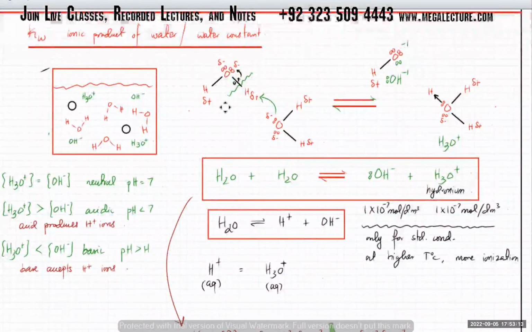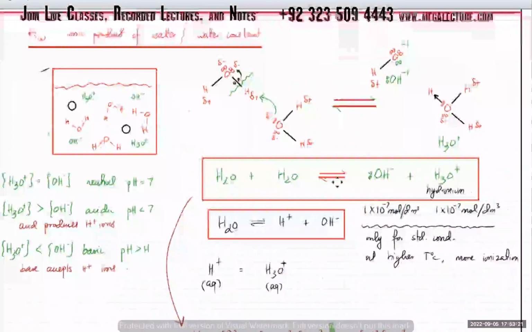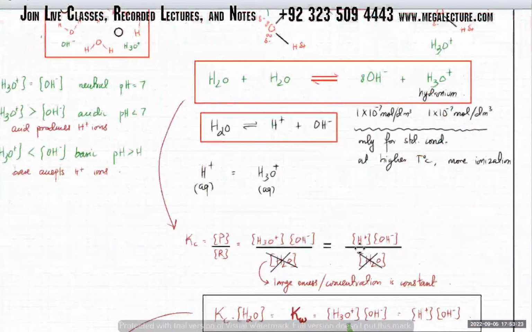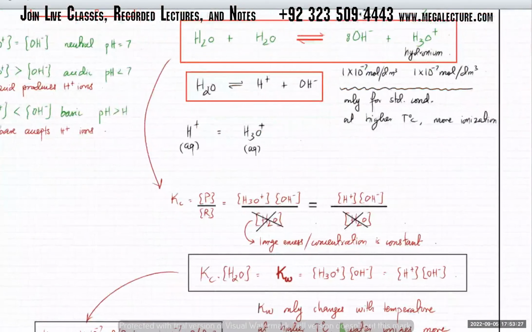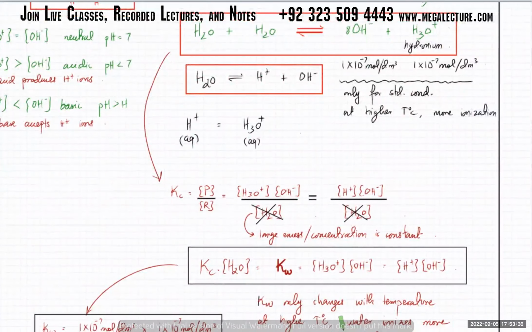The H plus breaks off and joins with the water. So it ends up producing two ions, or you can say that the simplified version is water breaks down and produces two ions. One is H plus, the other one is OH minus. Since it's an equilibrium reaction, even though the equilibrium is heavily favoring the reactants, very few ions are being formed, so it's almost negligible.